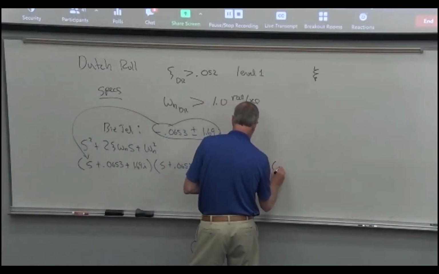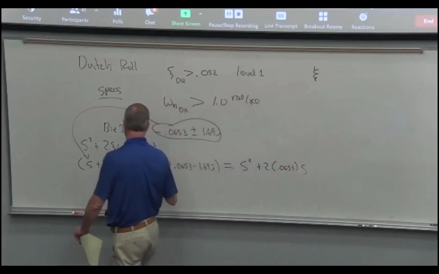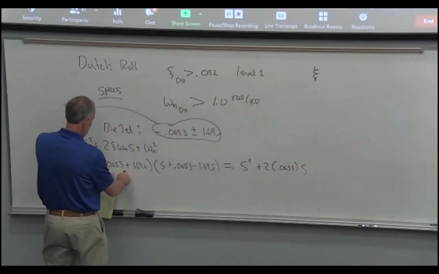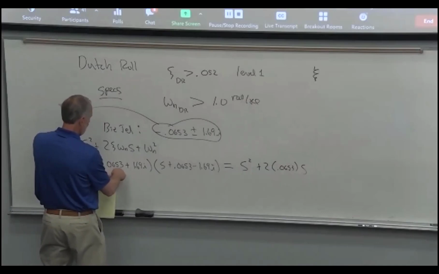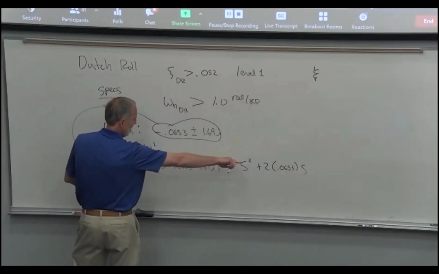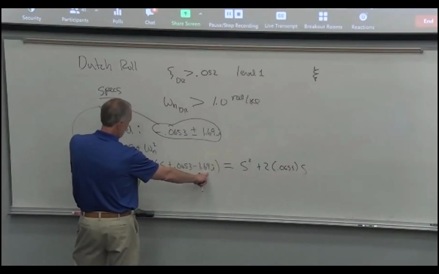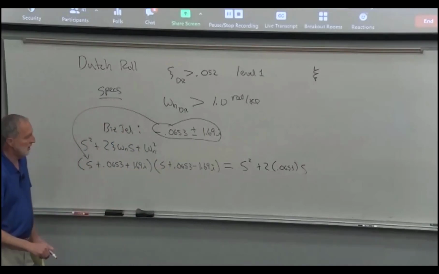Everybody see that? So this s times this is the 0.0653 plus that, and this s times this, you get the 0.0653, so that's why we have 2 of them. But then the s times the plus and the minus cancel each other out, so those are gone.